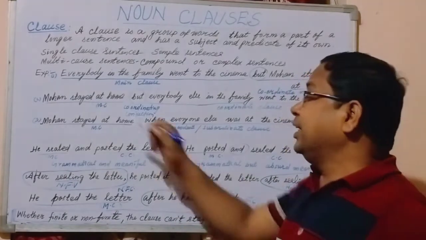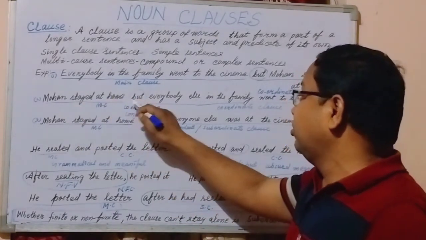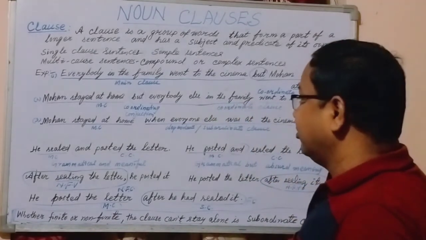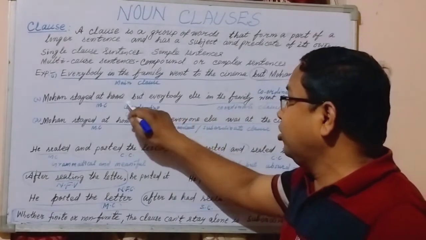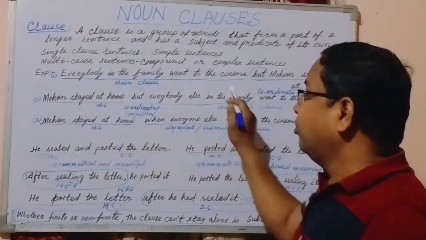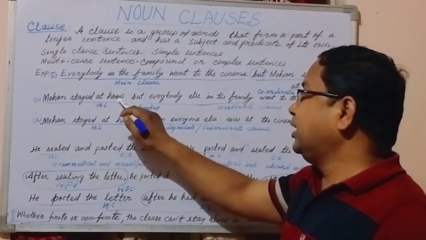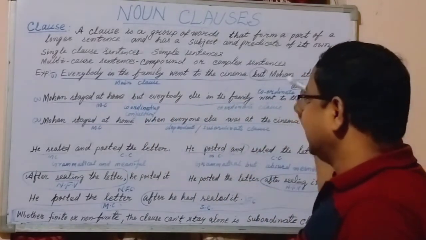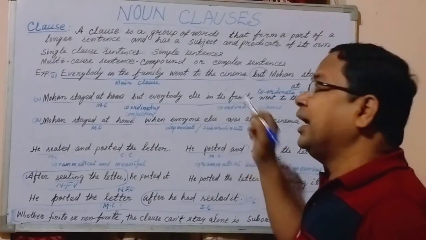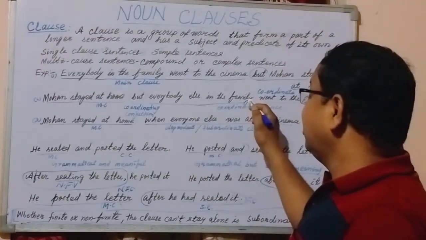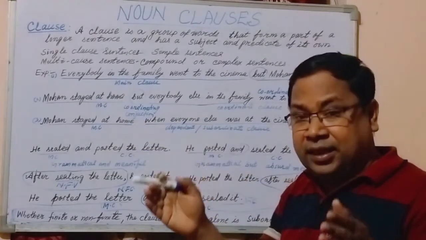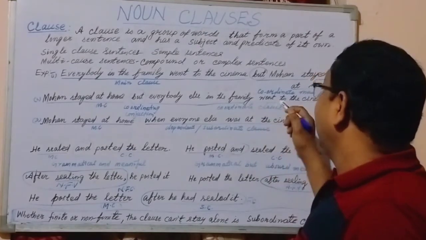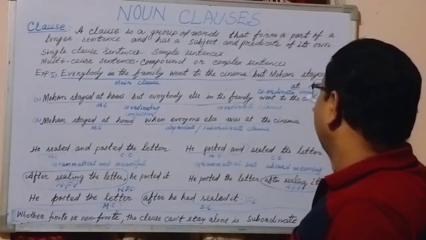In the second sentence, you see here, Mohan stayed at home, but everybody else in the family went to the cinema. Here also there is a coordinating conjunction and two parts. Part 1, Mohan stayed at home, is one clause. Everybody else in the family went to the cinema is the second part, or we can say another clause. Both the clauses can be separated and written independently, so both are main clauses or coordinating clauses.